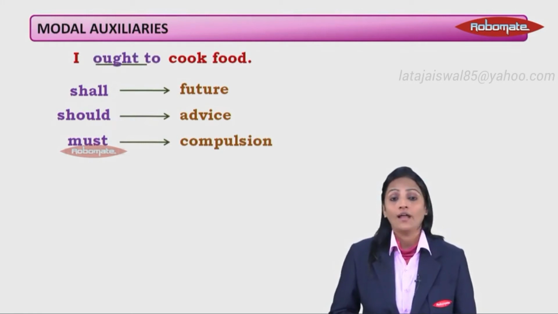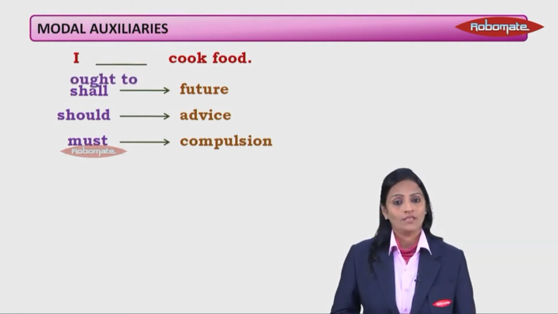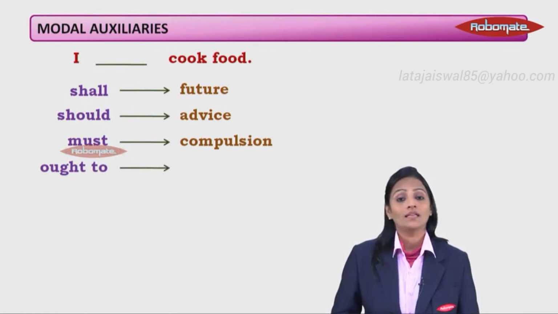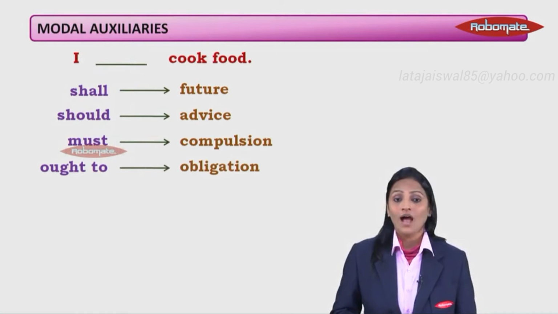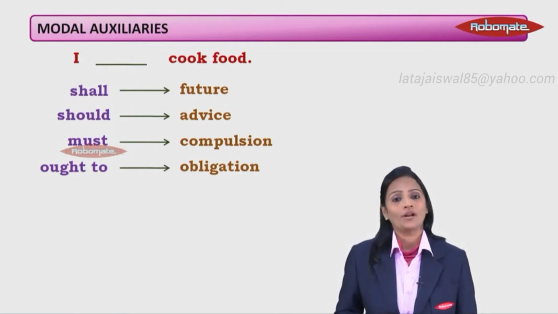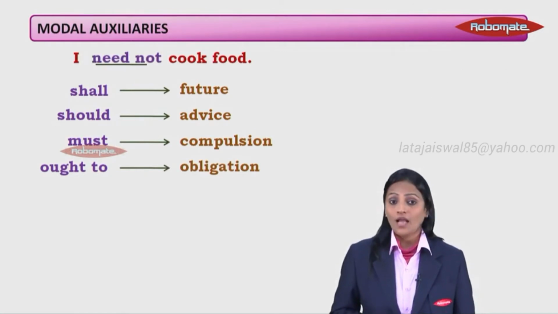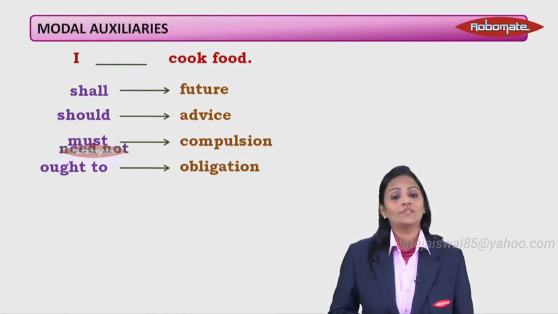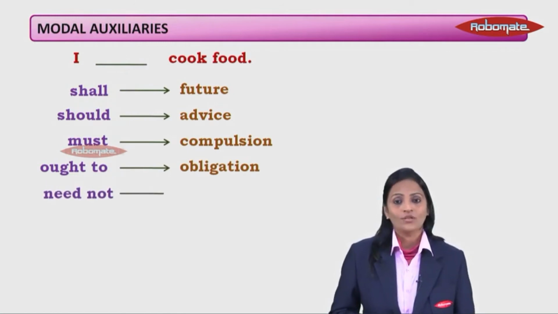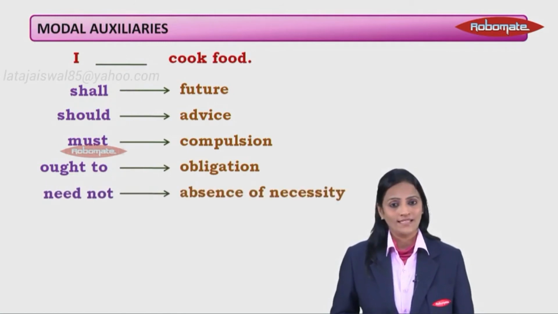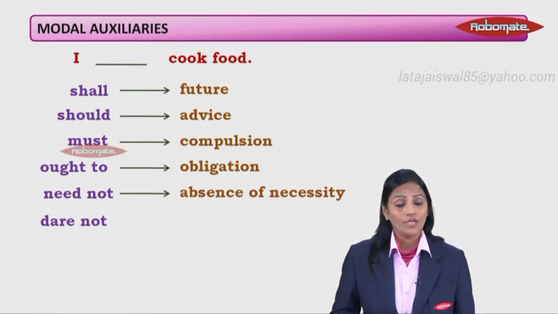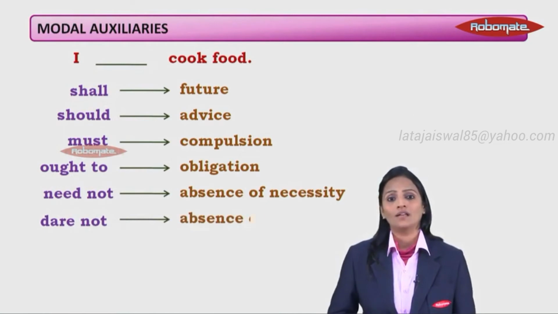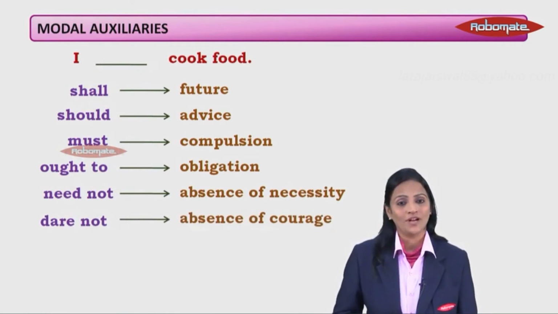If I say I ought to cook food, that means here ought to means it is obligation. Something I need to do, something I should do, something which is morally correct. If I say I need not cook food, that means there is no need to do it. So it is absence of necessity. And if I say I dare not cook food, that means I will not have the courage to do so. So it is absence of courage.